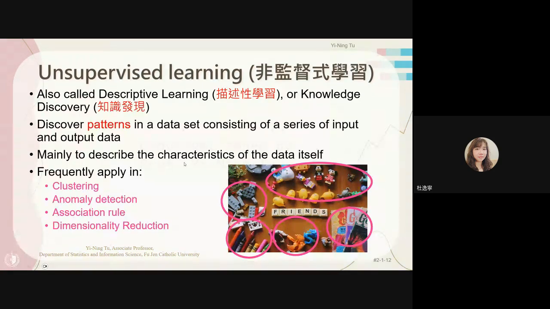It mainly describes the characteristics of data itself. Characteristics here is very important. So it is frequently applied in clustering and anomaly detection, 异常侦测, and association rule. This part we will also focus on after your midterm exam. And dimensionality reduction, I have already told you, it's PCA, right?